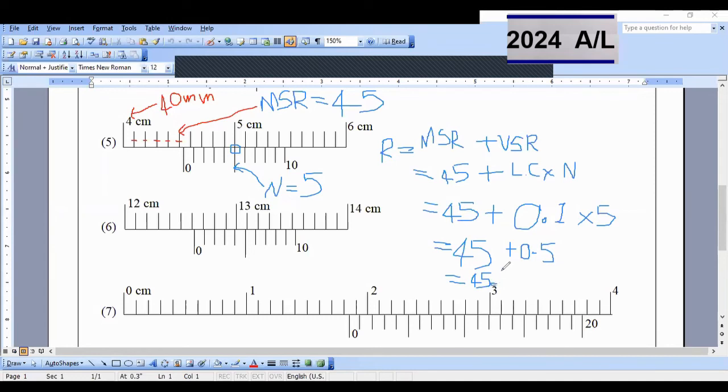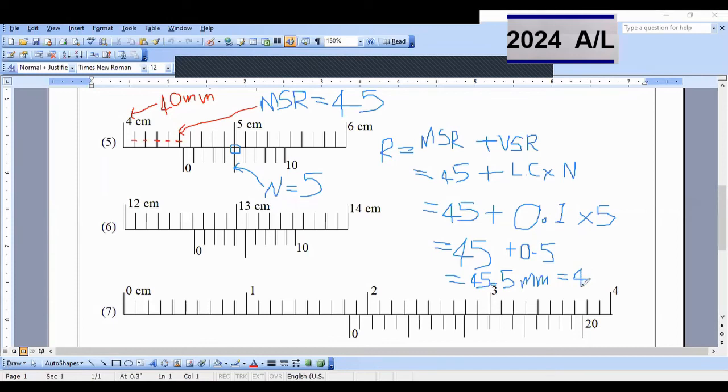What are the other things that we should learn in vernier caliper? This week we were not able to complete vernier caliper because we had a big question in the dimensions lesson, and I should send you the past paper question from that dimensions lesson.